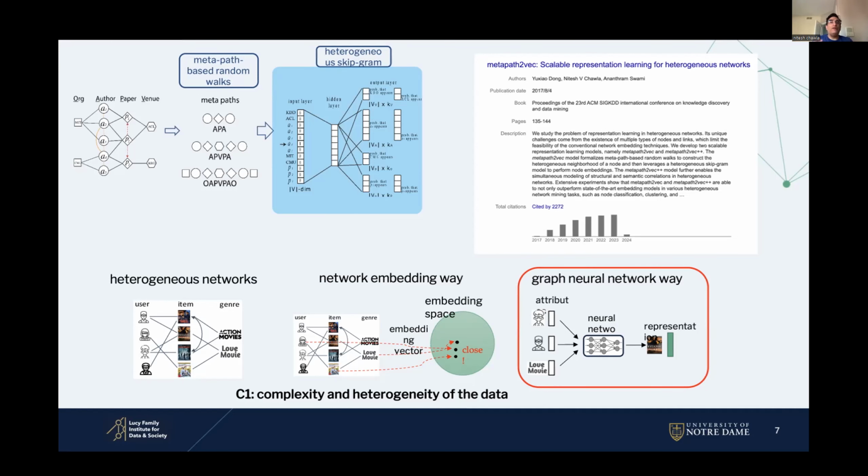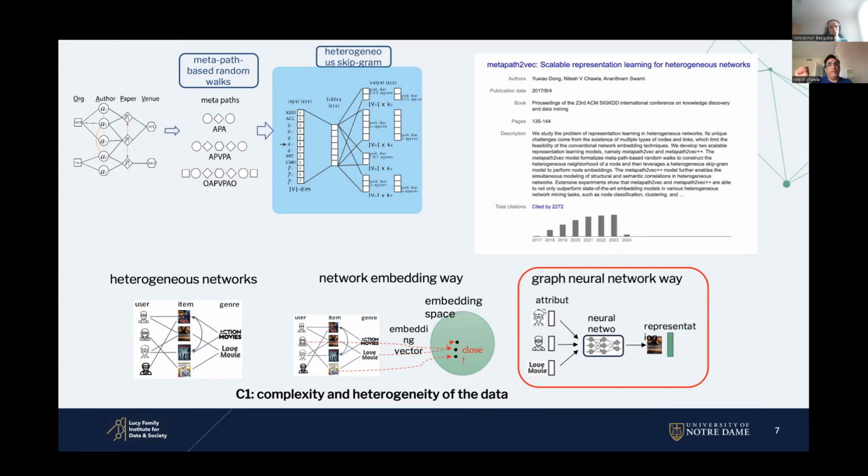Instead, we said, what if we prescribe a particular path or set of paths that the walker may take? We can say, all right, the walker should only take the author, paper, author path. The walker will not take any other path, and we are forcing the walker to go through those things. Or we could say that the random walker should take the author, paper, venue, paper, author path.